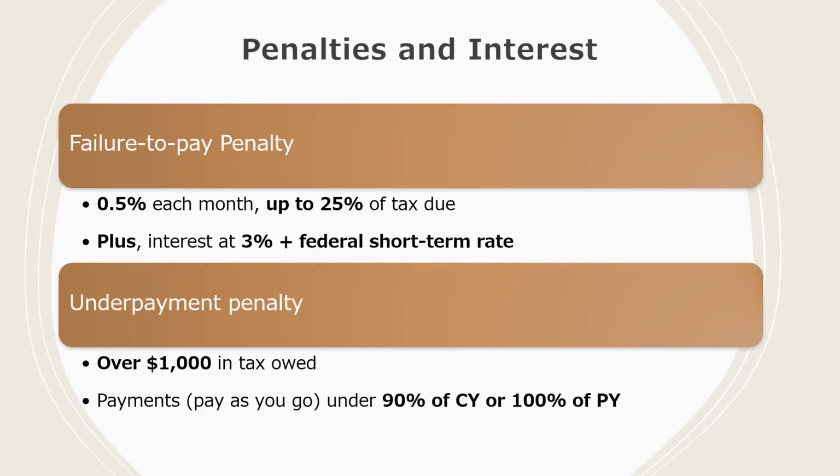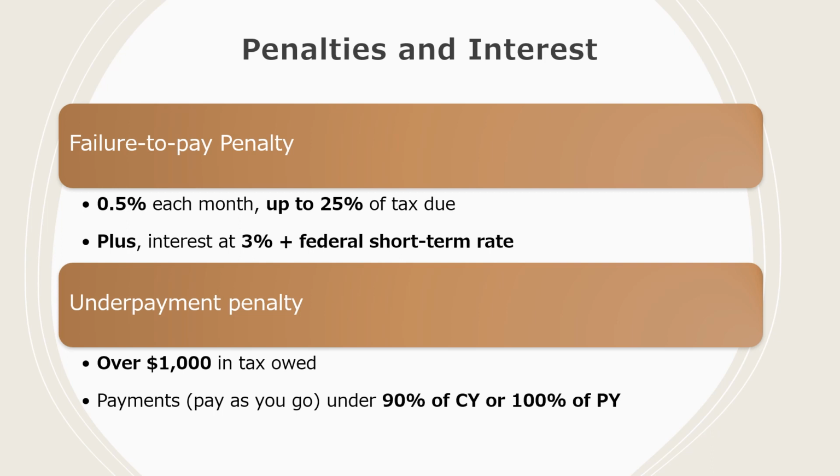As I talked about before, there is a failure to file penalty. I won't go into depth with that, but even if our taxpayers are filing for an extension to avoid that penalty, if they don't pay the full amount of their tax liability, then they're going to end up with the failure to pay penalty.